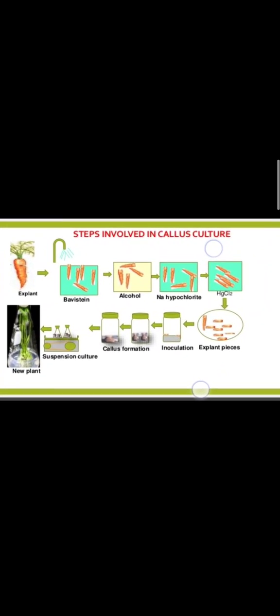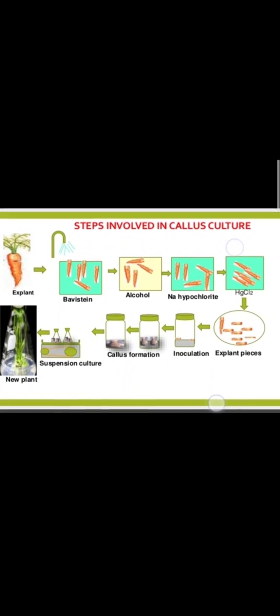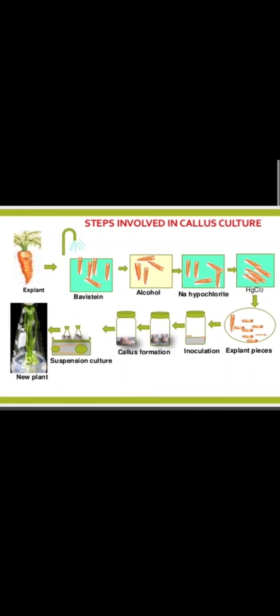Now, if possible, you can draw this diagram. It is a very easy diagram. First part is explant. Explant, as I have discussed so many times, is a plant part.